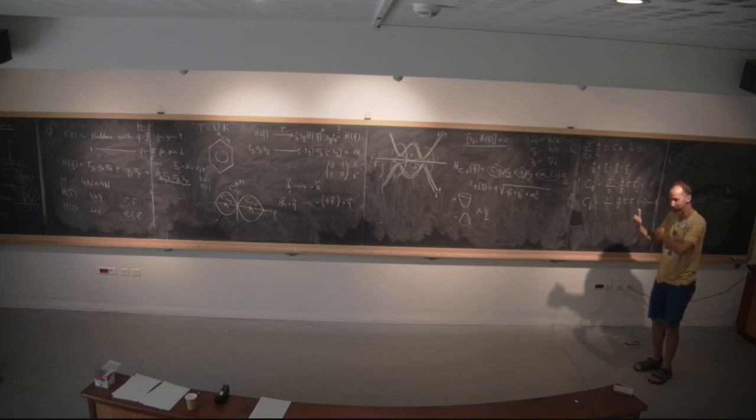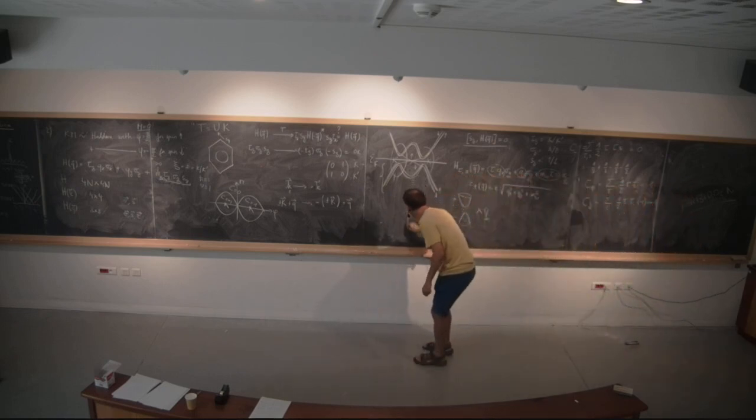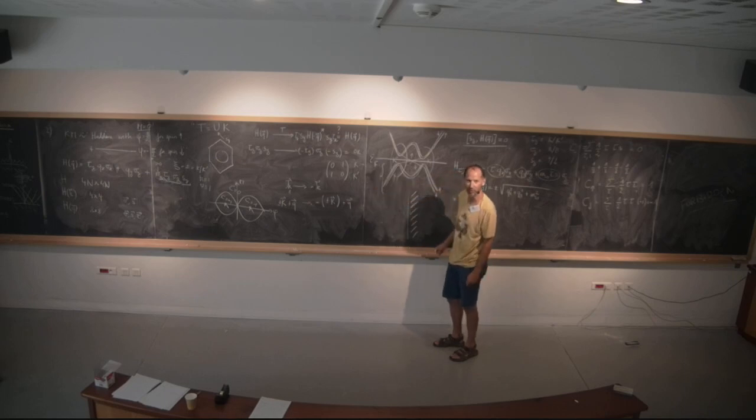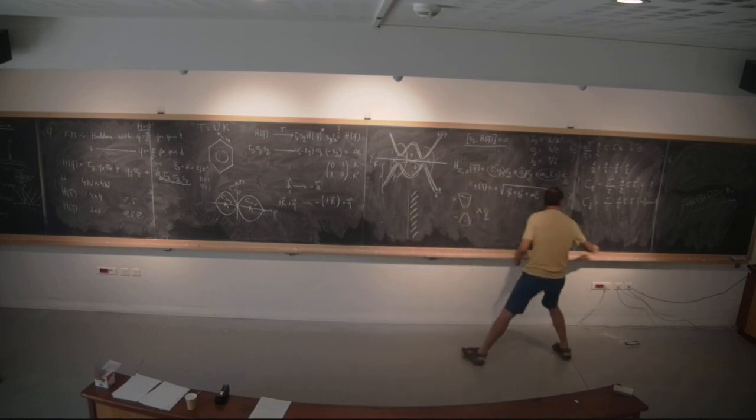Those that move in the opposite direction are spin down. So the prediction of Kane and Mele was the following. Imagine here, this is vacuum outside, trivial insulator. Here I have such a system, graphene with artificially strong spin-orbit coupling. I should have 2 modes.